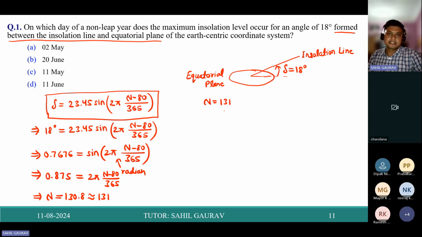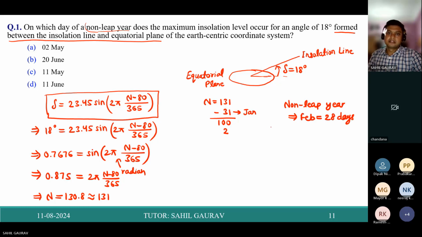So first we subtract the January month days, 31, so we get 100 days. Again we subtract February; since it is a non-leap year, we consider February as having 28 days. So subtracting 28 for February we get 72.